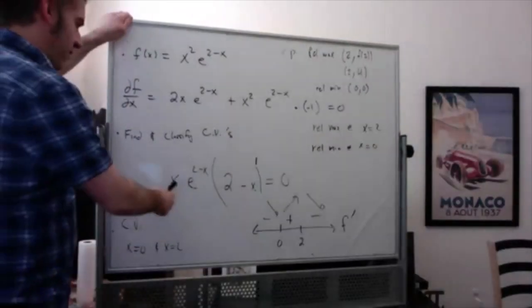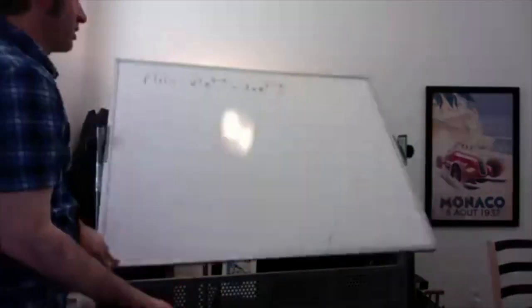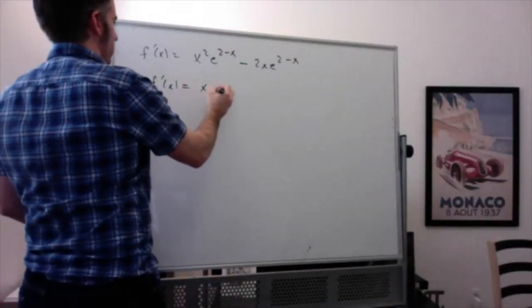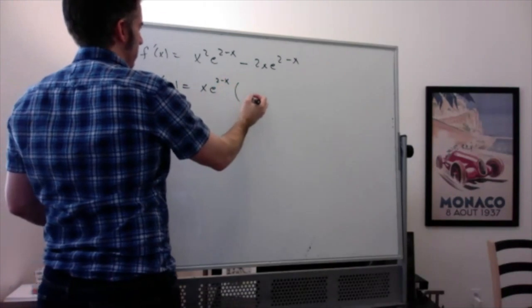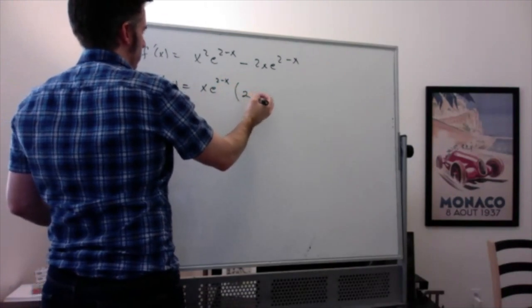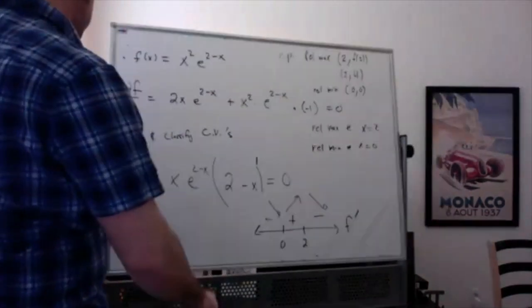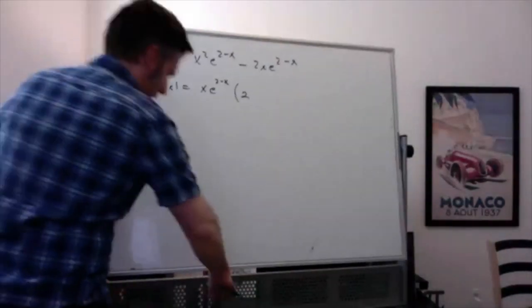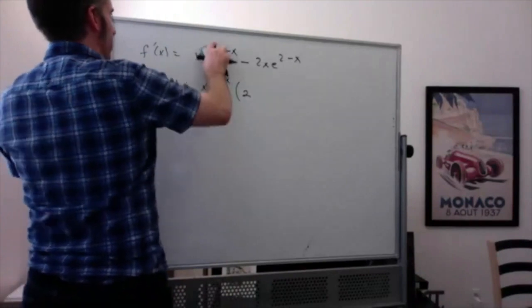Or you have this, x e to the 2 minus x times 2 minus x. Oh, sorry, I wrote this backwards. Sorry, I switched my x squared and my 2x. Apologies.